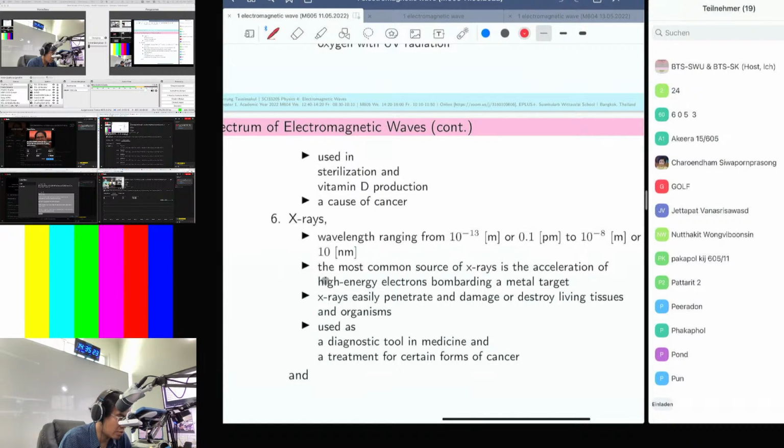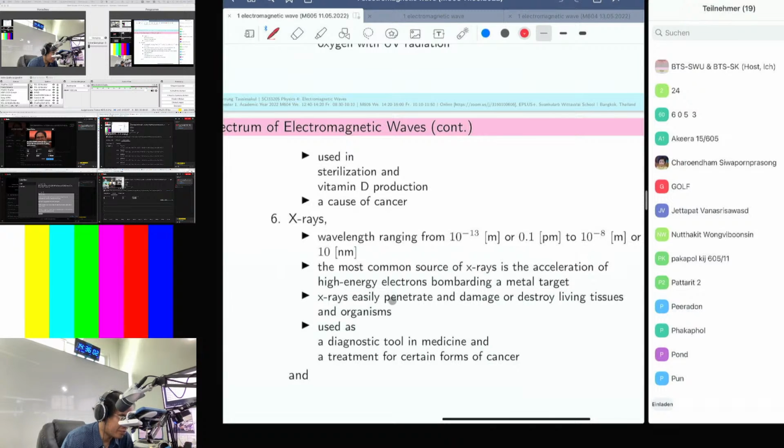And the most common source for the X-ray, as we said before, is to accelerate the electron by any method and let the electron hit a metal target. Once the electron with high energy hits the metal nucleus, or hits another electron in the electron orbits, it's going to release a photon, and that photon with high energy is called X-ray.